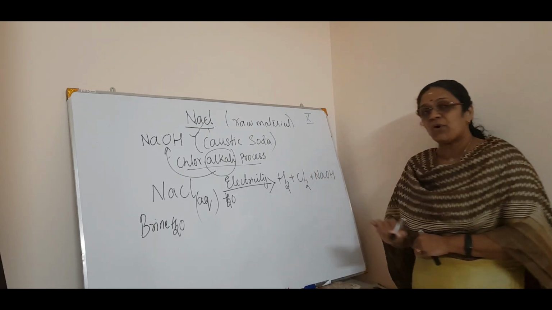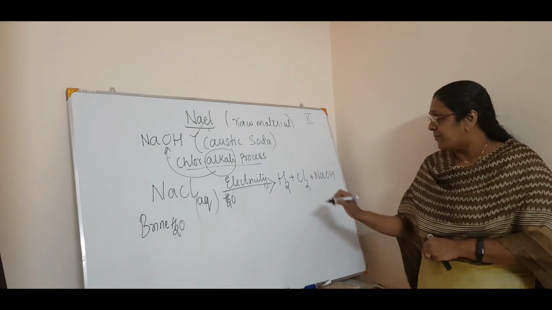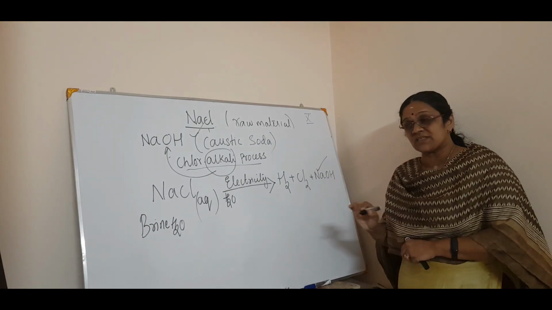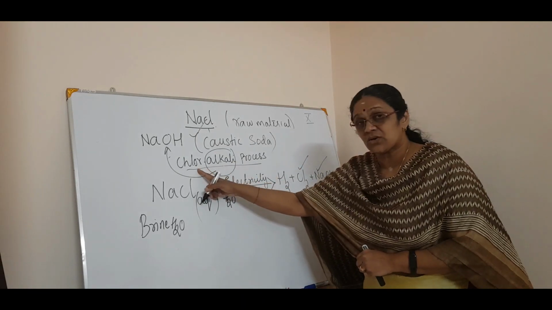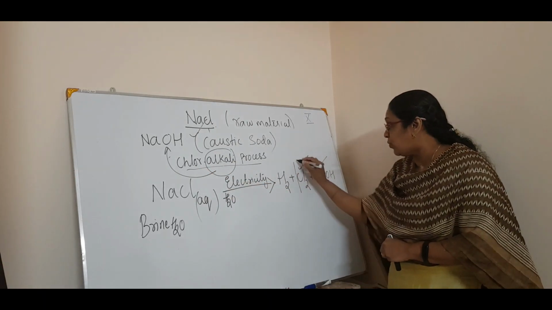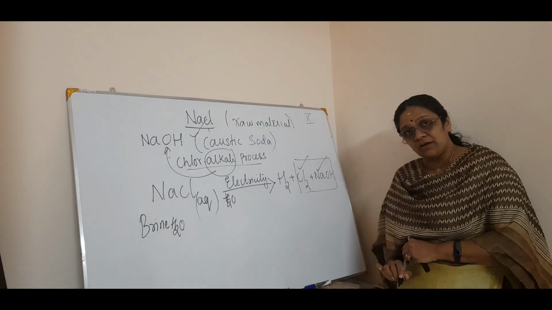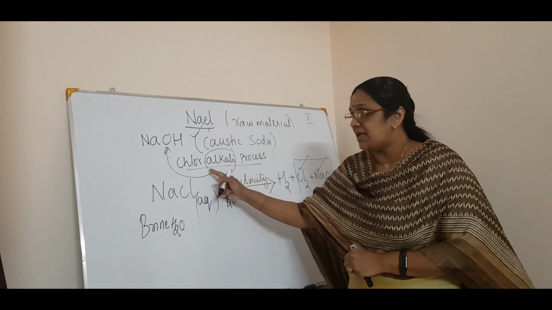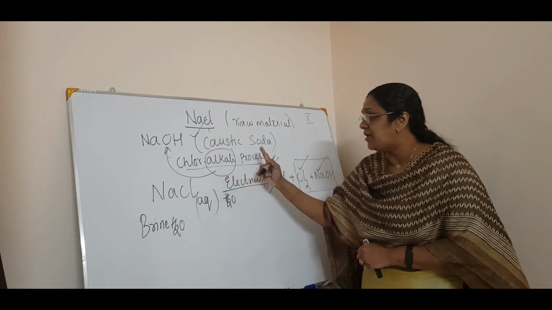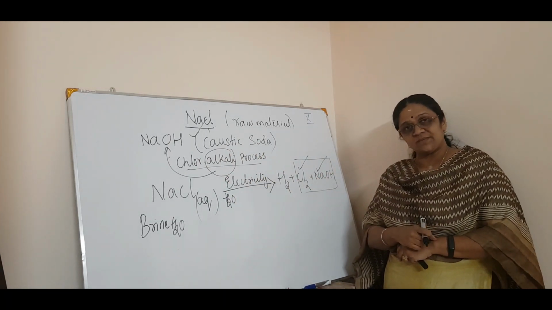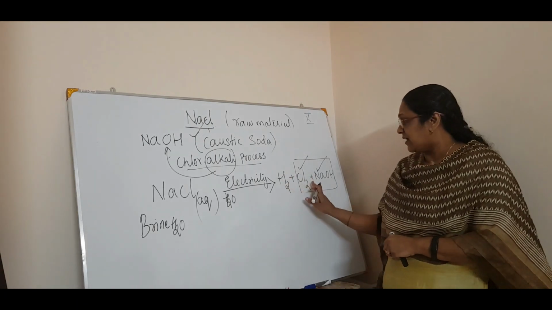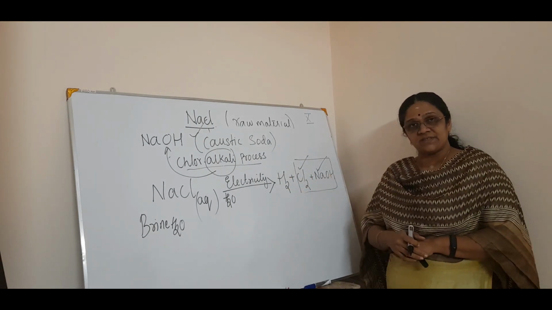See, three products are obtained: sodium hydroxide, which is an alkali, and chlorine, which is called chlor. Since these two are obtained in this reaction, it is called the chlor-alkali process.